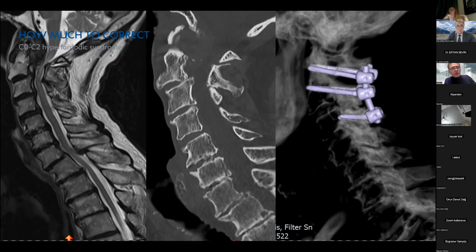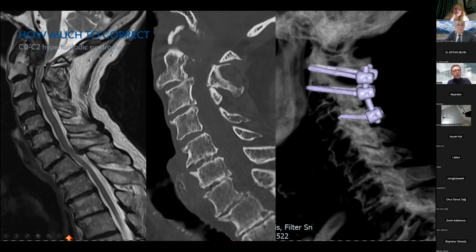And this is a case of hyperlordosis, and this is also showing the limits of what I've told you. Our understanding, yes, it might be some kind of instability here, some kind of pannus, but also you can notice the hyperlordosis. Here we did not correct the mid-cervical kyphosis.